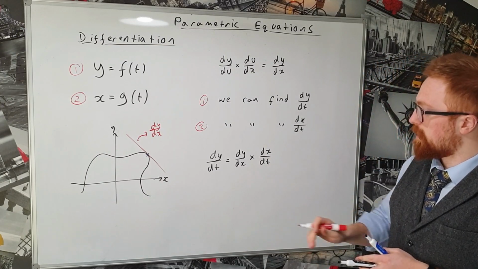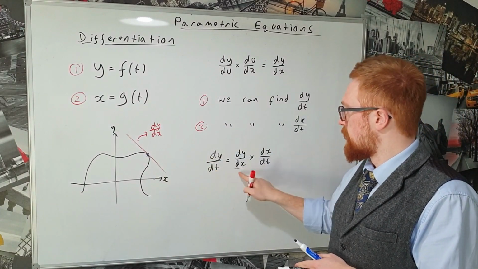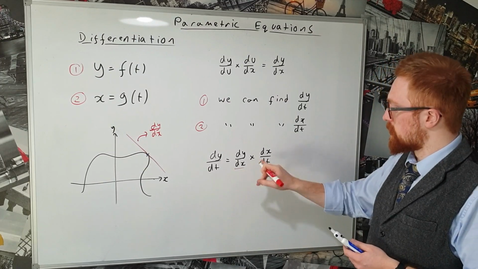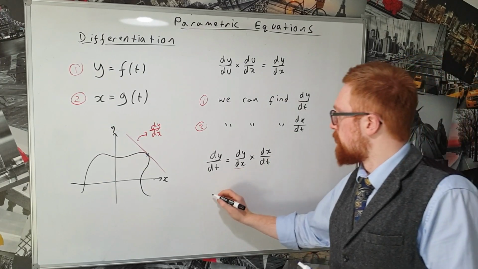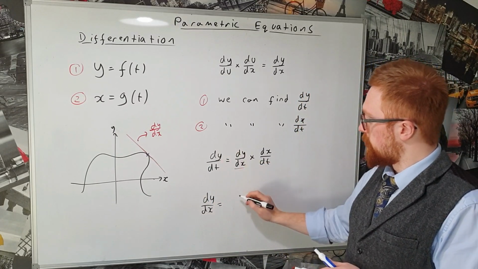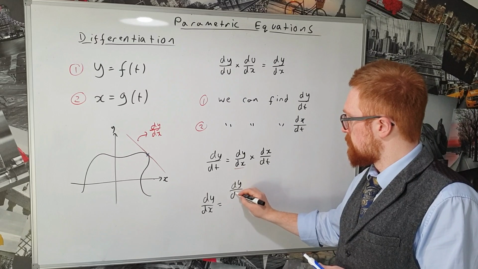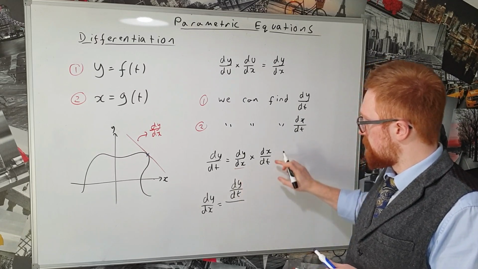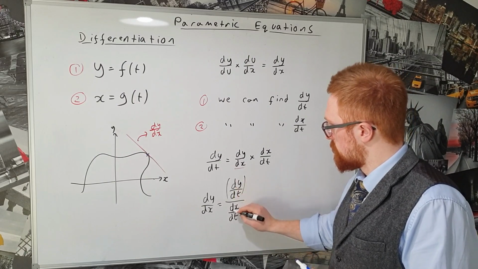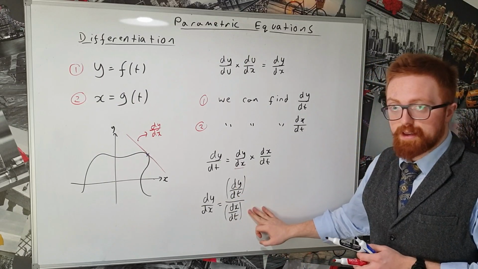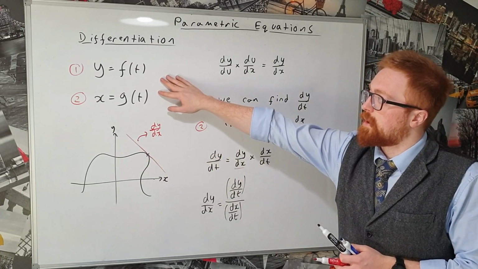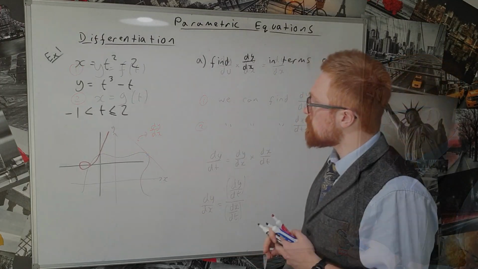Now, one last problem, again, we're after dy/dx, and dy/dx isn't the subject of this, but that's not too difficult to fix because we can just rearrange this formula. So we get dy/dx is equal to dy/dt divided by dx/dt. And that is how we differentiate or find the gradient of a curve given it in parametric form.